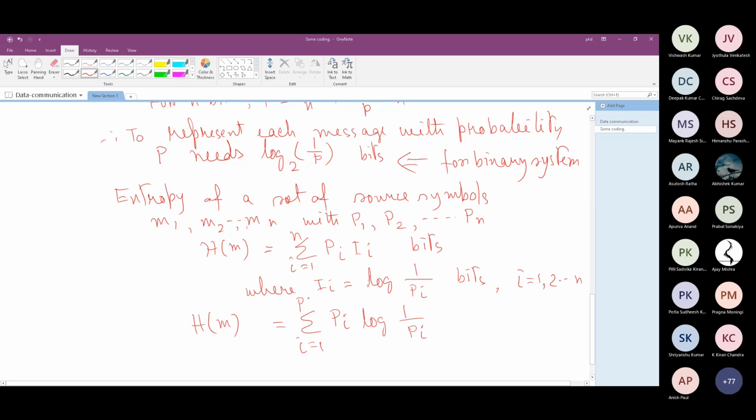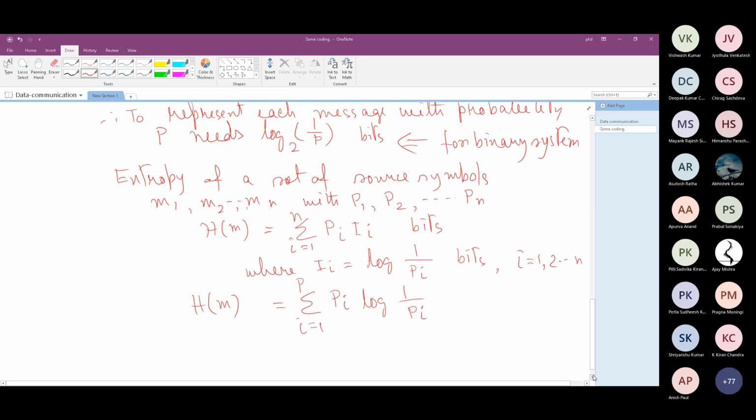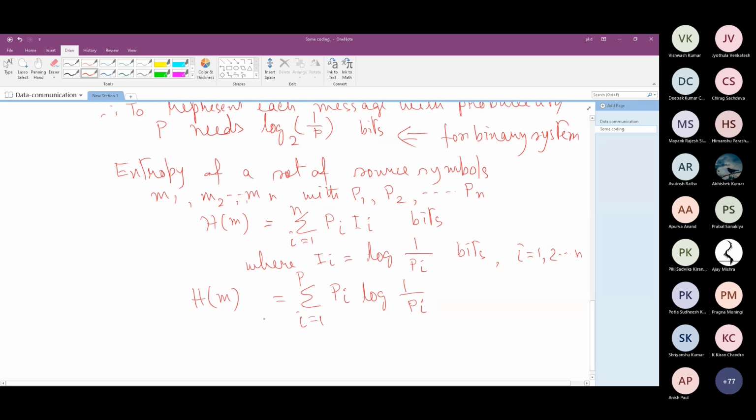So we are replacing Ii by the log term, because p equal to 1 by n, that we have put.